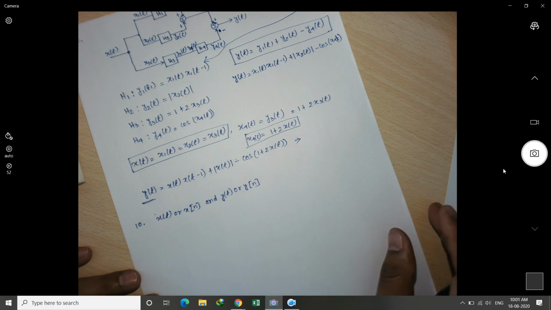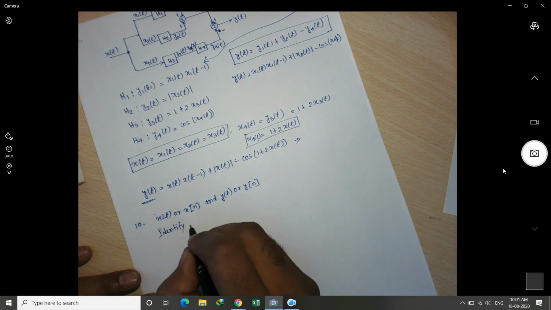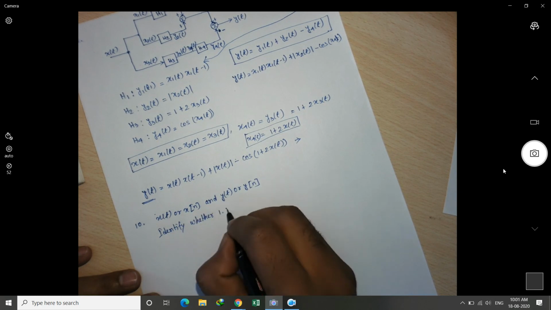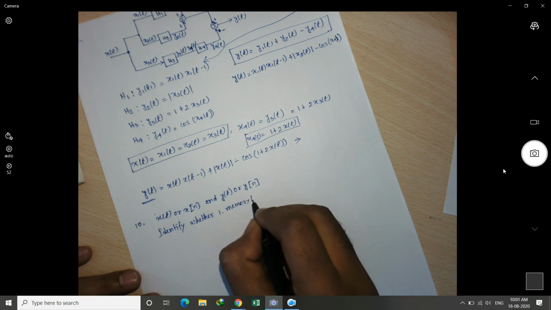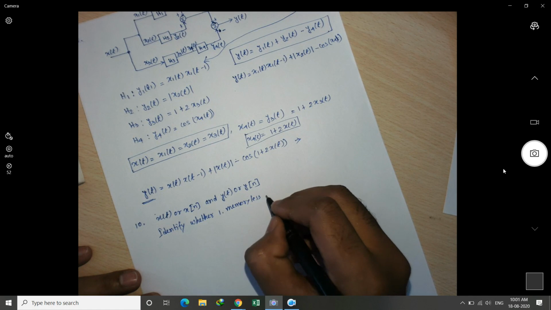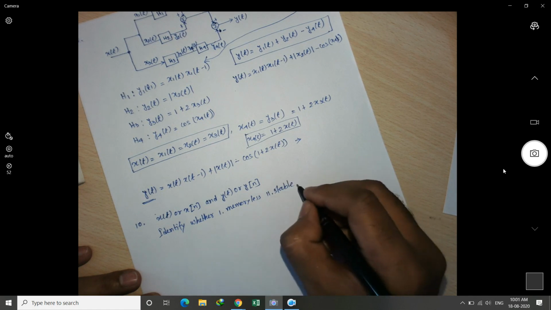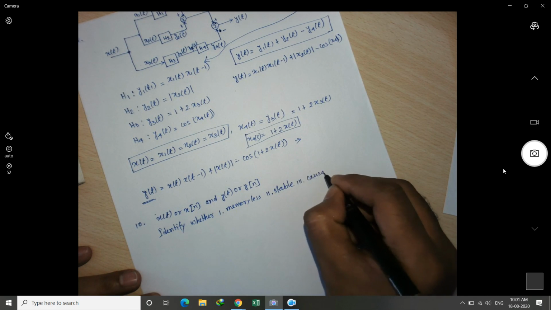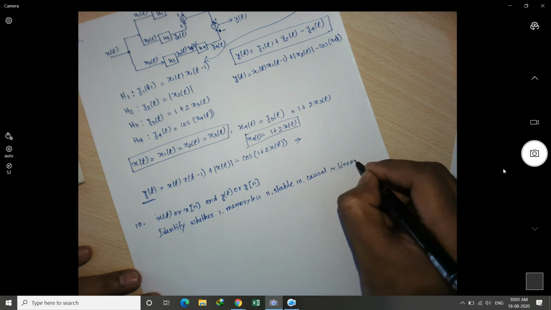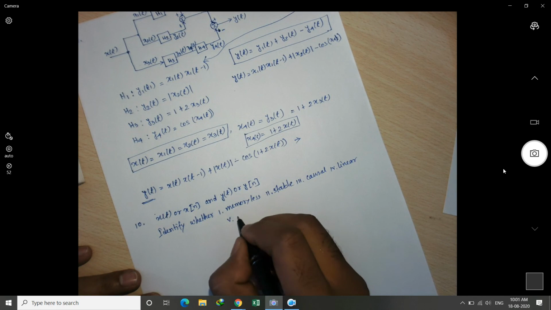We need to identify whether, first one, they are memoryless. Just try to remember what is the characteristics of a memoryless system. Then stable, third one is causal, fourth one is linear, fifth one is time invariant.